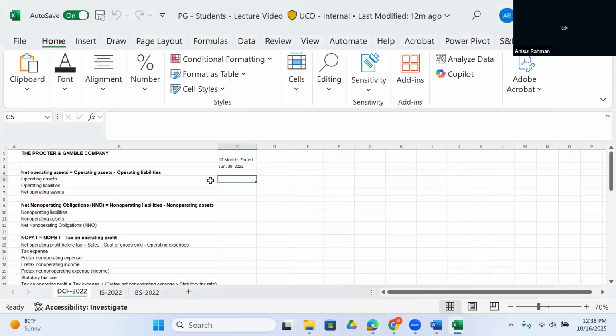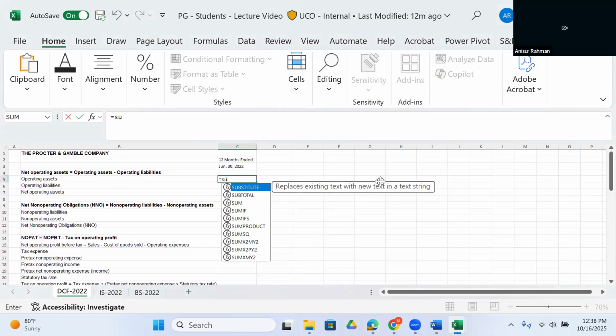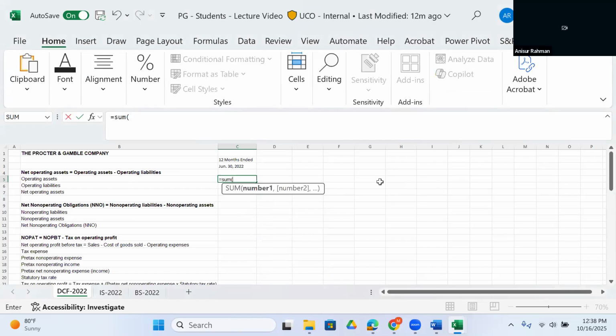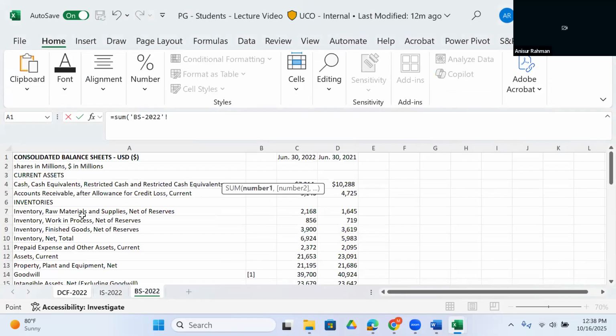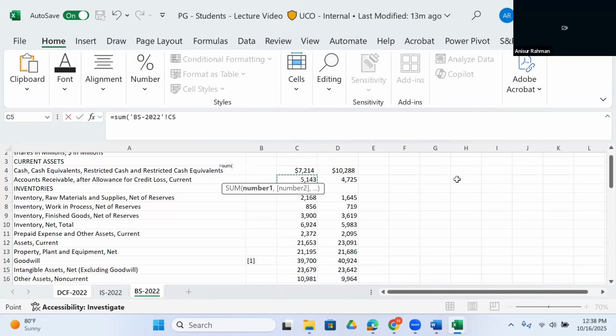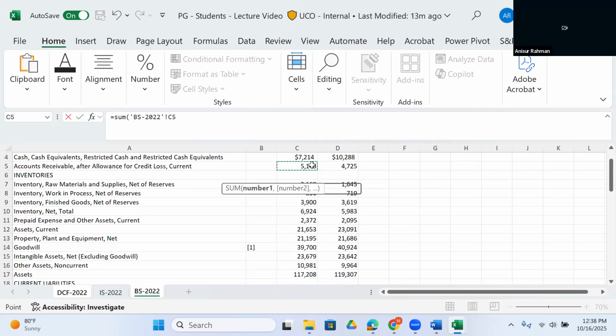So, equal sign, I have to sum. This is the formula I'm going to use, and assets are on the balance sheet. So I'm going to the balance sheet. My first operating assets are accounts receivable, so this cell, comma, inventory, that is the total number, comma, and then prepaid expense, yes.